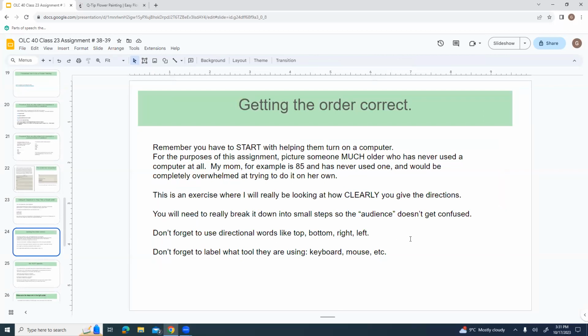So this is procedural writing, and a huge part of procedural writing is making sure to get the order correct. So you have to start at the very, very basics first. You have to get them to turn on that computer. That sounds really easy, but for someone like, say, my mom, she won't hear this though, if she was looking at a computer right now, she would have no idea where the button is to turn it on, right?